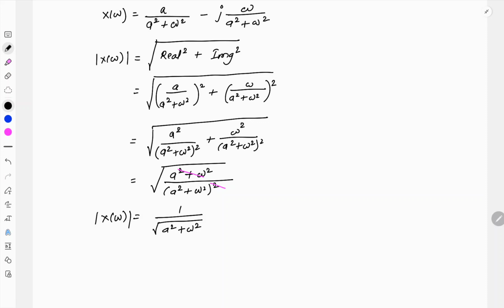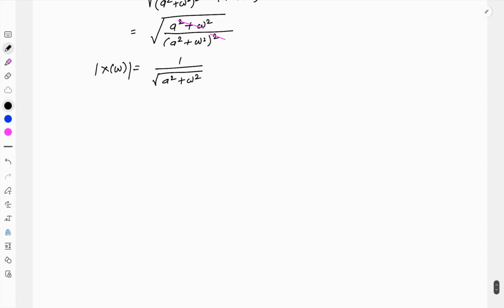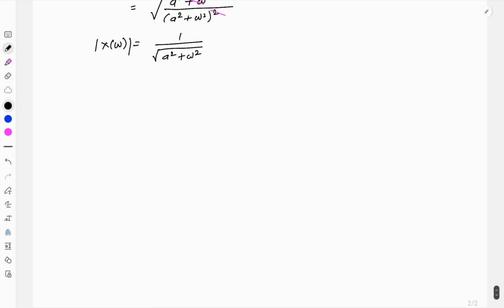Now see how to plot this amplitude spectrum. Here for different values of omega we need to find out the magnitude of X of omega. So let us prepare a table. Here we have values of omega and mod of X of omega.